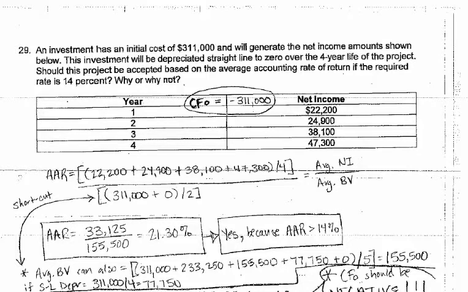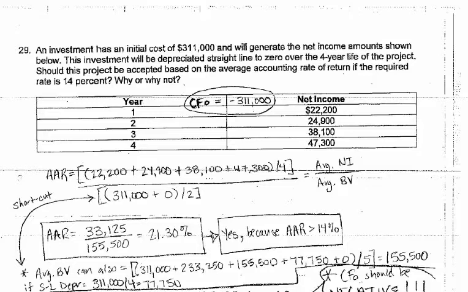So you depreciate that 4 times to zero. You add those 5 numbers up, 311,000 plus 233,250 plus 155,500 plus 77,750 plus 0, and divide by 5, and you'll get 155,500 for your average book value.